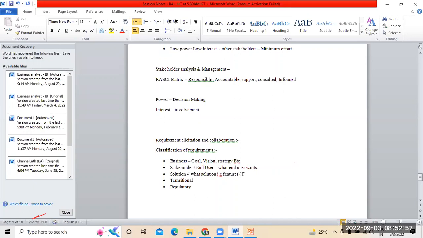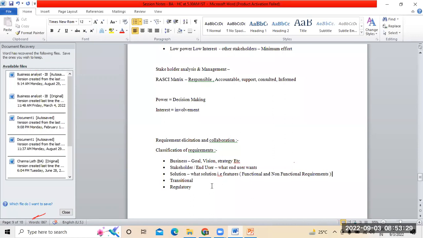In these features, what are the functional and non-functional requirements we are required to develop? This is what we call solution requirements. What are the features, like functional and non-functional requirements? All these things come under solution requirements.